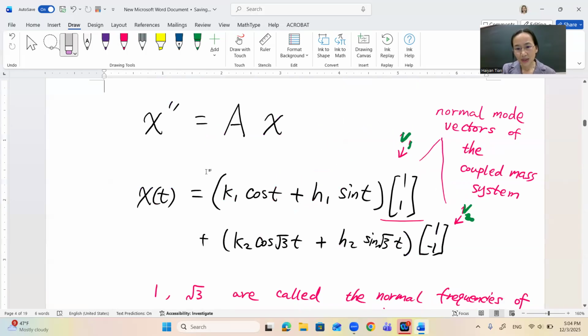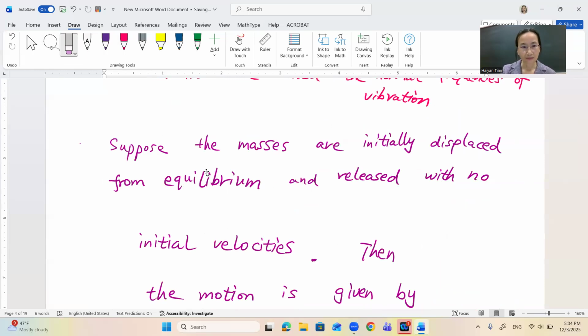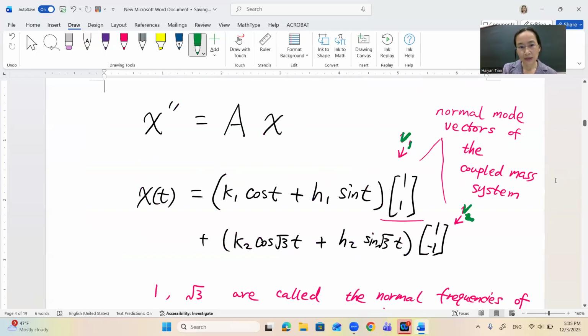That means as soon as we look at any motion with this assumption, if the two masses are initially displaced from equilibrium, but released with no initial velocities, then our general solution formula, that means the motion solution formula for this x, will have no such a term left. So you will have a very simple solution formula.